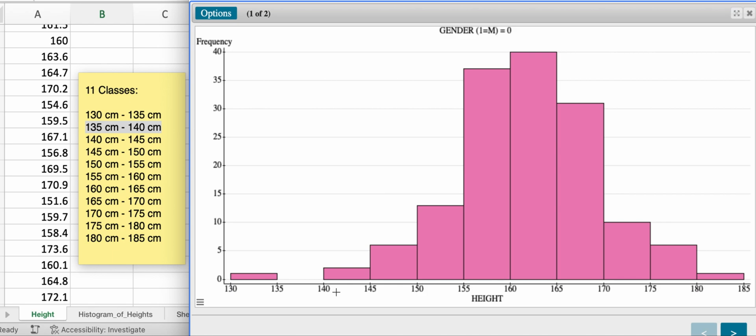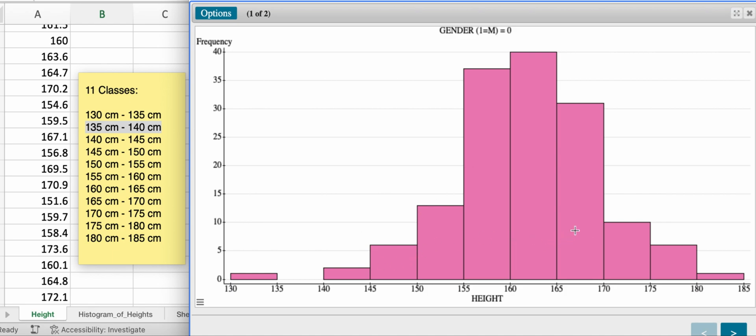The last thing that I want to talk about in regards to this frequency histogram is that this histogram is a very nice graphic or a visual of our data set, and it helps us understand how the data is spread out. So how are female heights distributed? We can see here that the shape of the distribution for our data is somewhat bell-shaped.